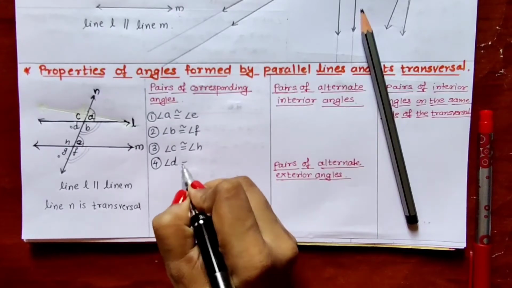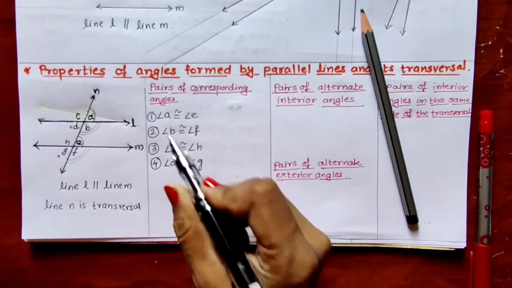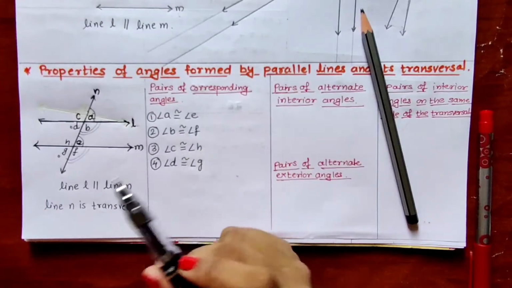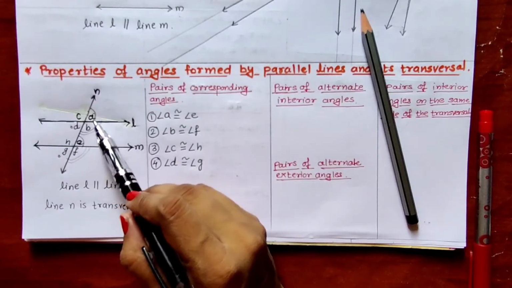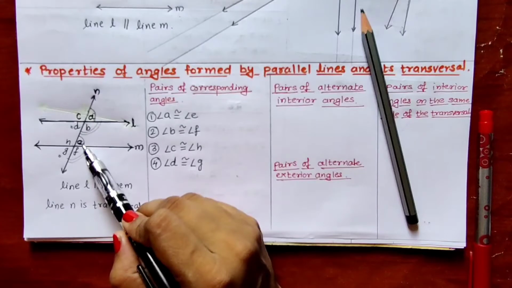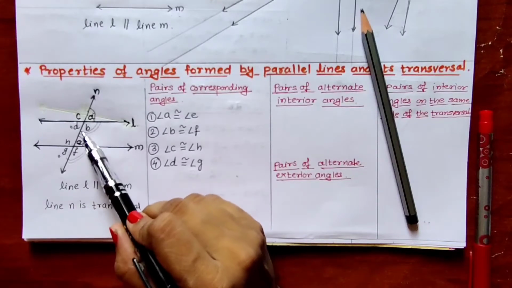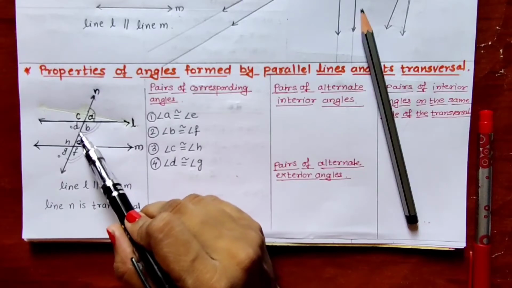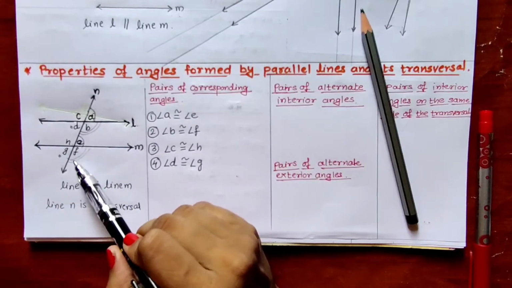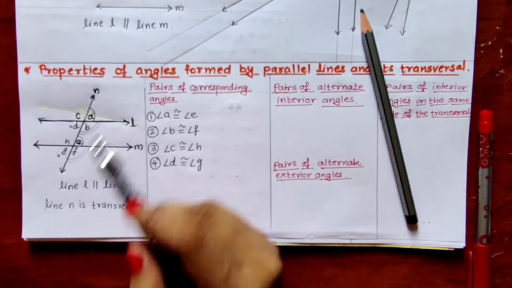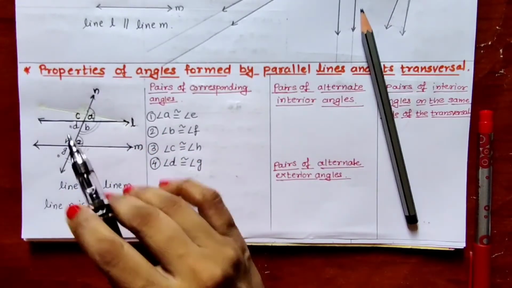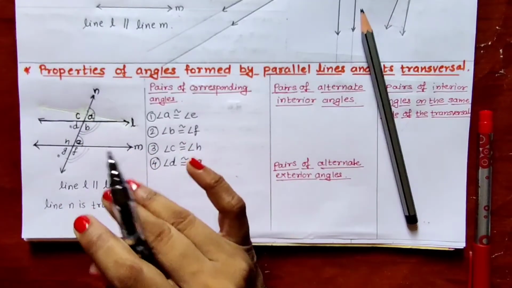So angle D is congruent with angle G. They are congruent means what? Their measures will be equal. So if angle A has a measure of 75 degrees, angle E will also have a measure of 75 degrees. If B has 105 degrees, F will also have 105 degrees. So in this way we will have to recognize the corresponding angles.